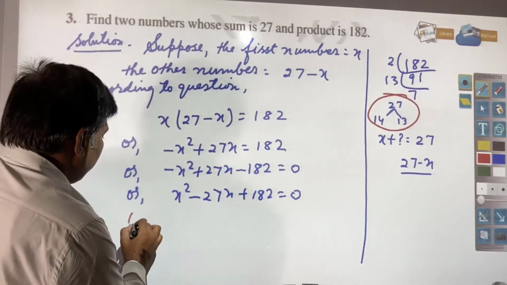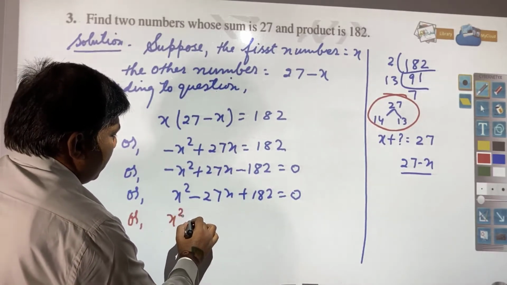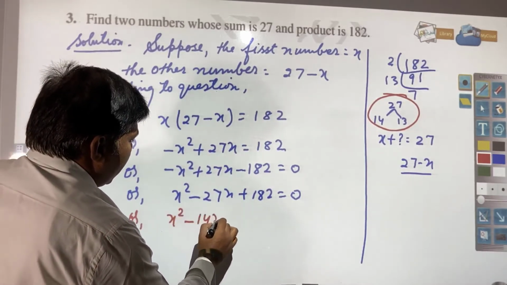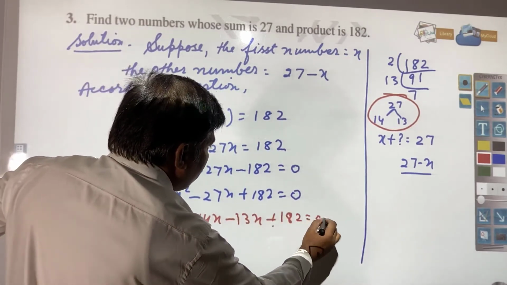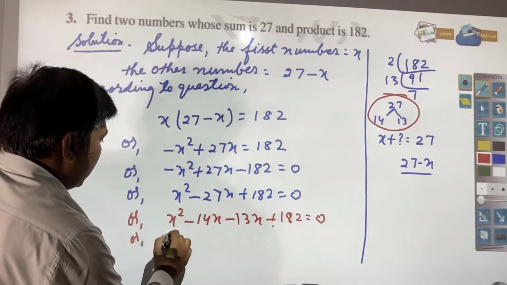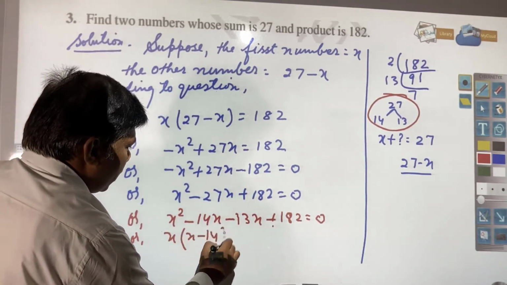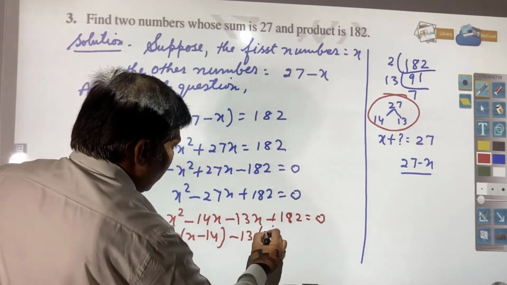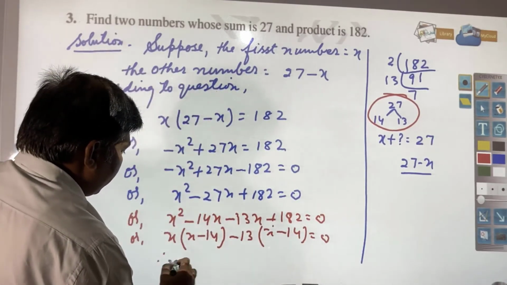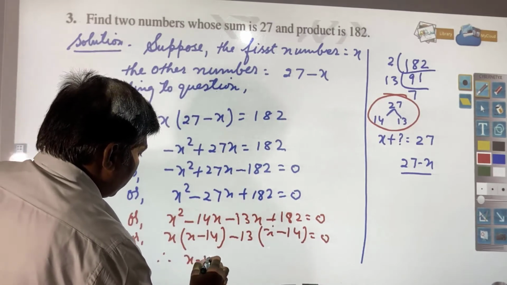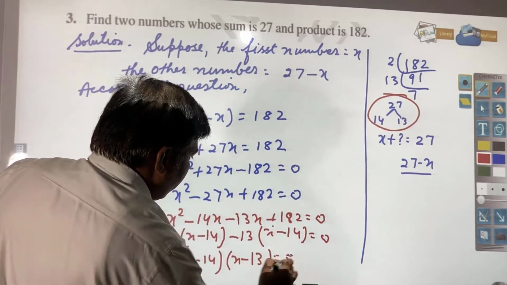So here we can write x square minus 14x minus 13x plus 182 is equal to 0, or x can be taken out common, x minus 14, and minus 13 will be taken out common, x minus 14. So finally you will get x minus 14 and x minus 13 is equal to 0.